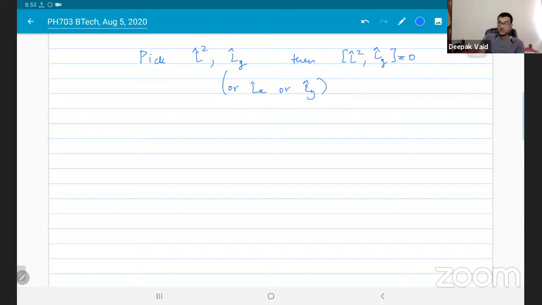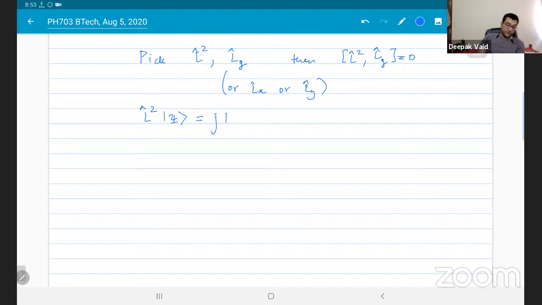Since they commute with each other, they will have simultaneous eigenstates. So that means that is a state in terms of angular momentum, eigenstates. Let's say that an eigenstate of L square has an eigenvalue.